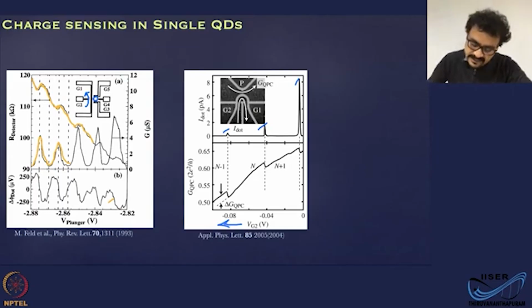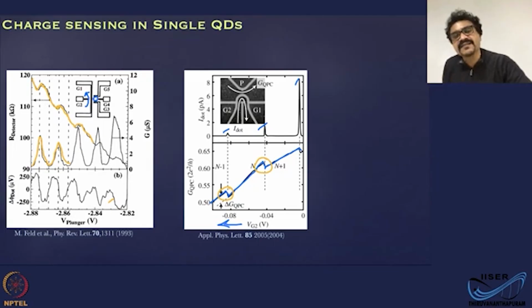But the charging and discharging event sensed by the quantum point contact, which is now shown as the bump in the conductance of the quantum point contact, is not affected by the change in the gate voltage, because it is not sensing the tunnel rate, it's just sensing the presence or absence of the charge, or change in the charge configuration, or charging and discharging events. But the current through the dot is greatly affected by the tunnel rate, and it goes down drastically as the gate voltage is made more negative.